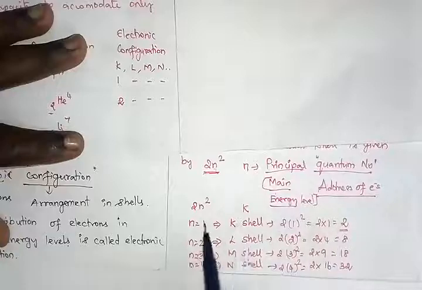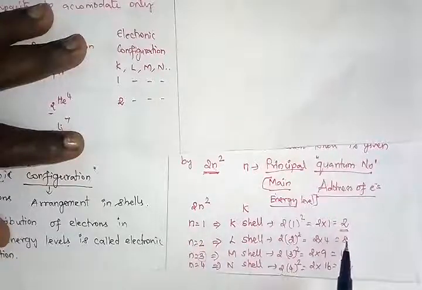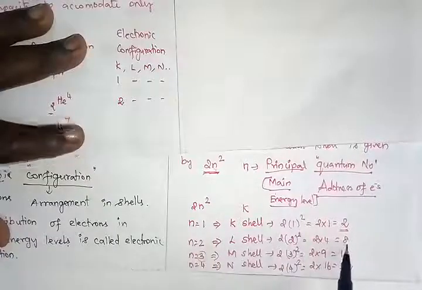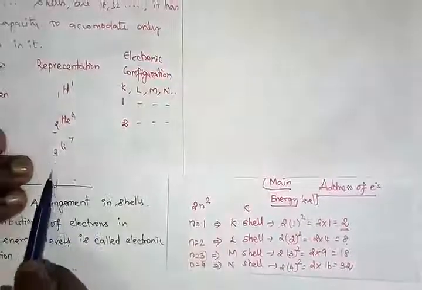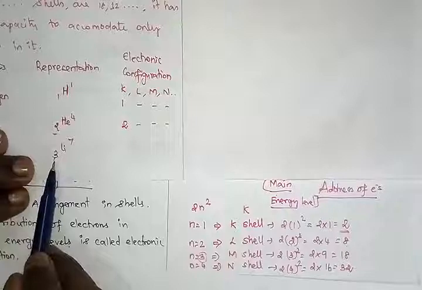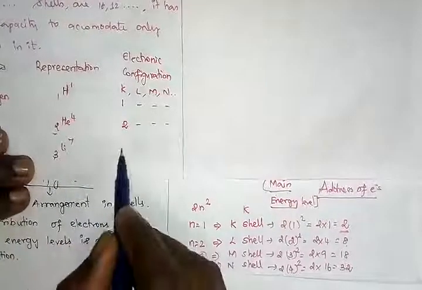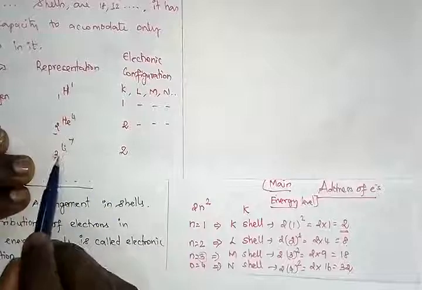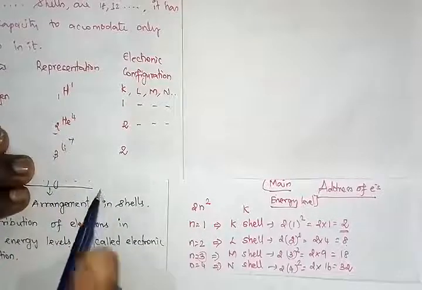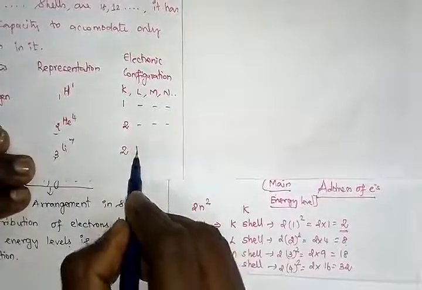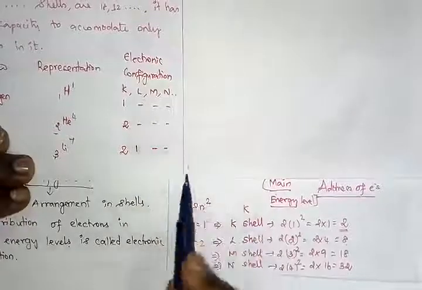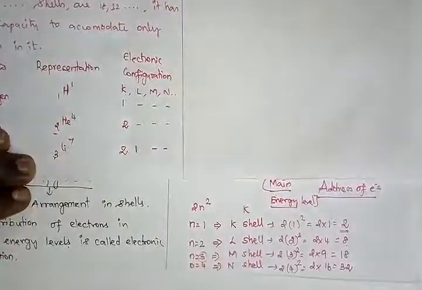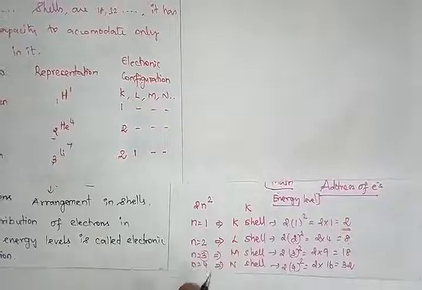So once the K shell is filled with 2, it jumps to the next level, the L shell, with maximum capacity of 8 electrons. So lithium has 3 electrons in it. The first 2 electrons will go to the K shell. The remaining, 3 minus 2, is 1 electron. That 1 electron will go to the L shell. So the next 2 shells are empty. Got it? So this is the idea about filling up of shells.